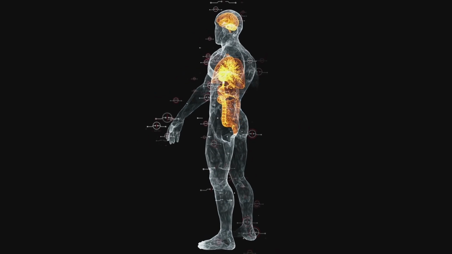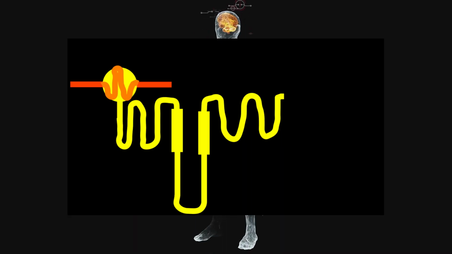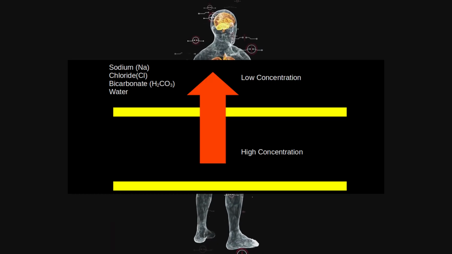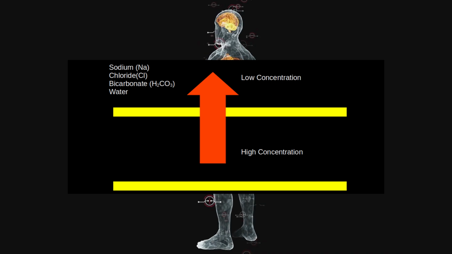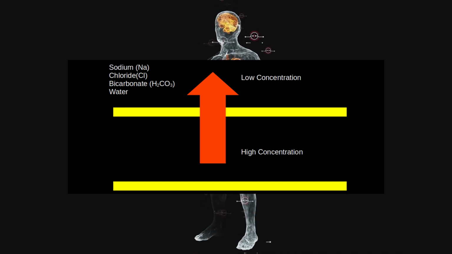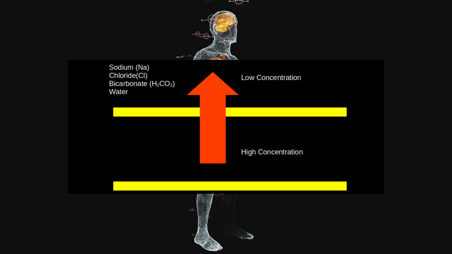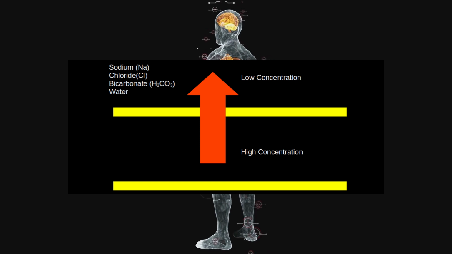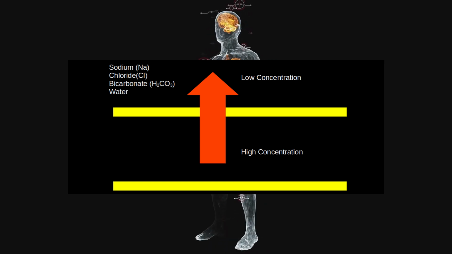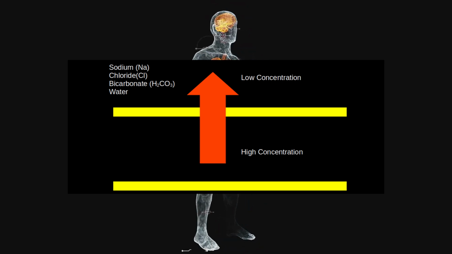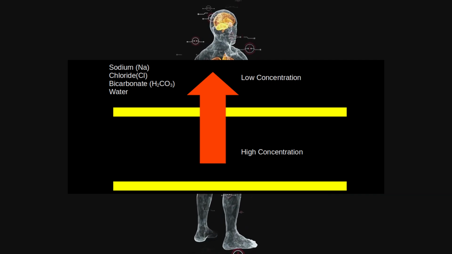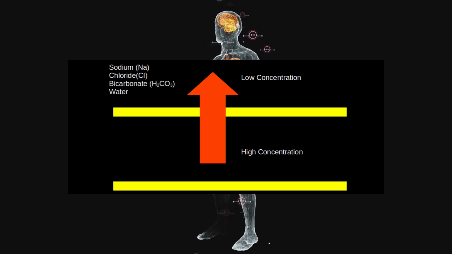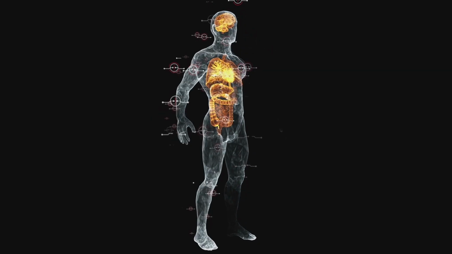After the ascending loop of Henle, we have the distal convoluted tubule, and this is largely there to focus again on various solutes, although rather than just electrolytes, we are looking at a variety of other material as well. There are things like bicarbonate. This is part of the bicarbonate buffer system. You also reabsorb things like calcium, which are regulated via hormones, so the body knows whether or not it should be reabsorbing more calcium, more of the bicarbonate, and so on.